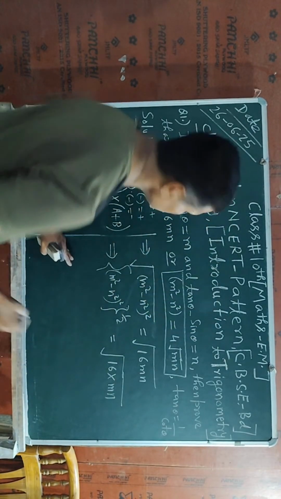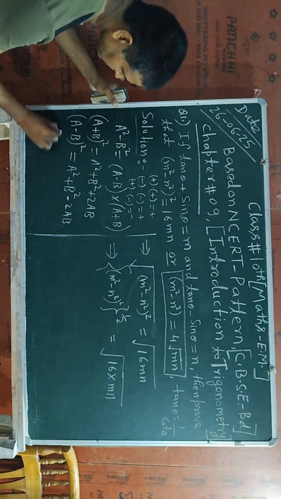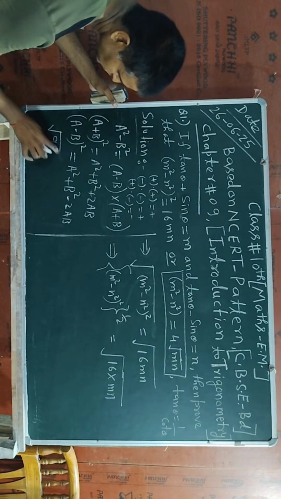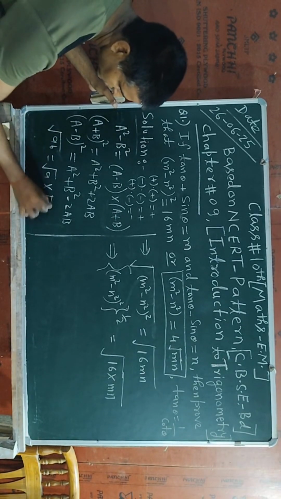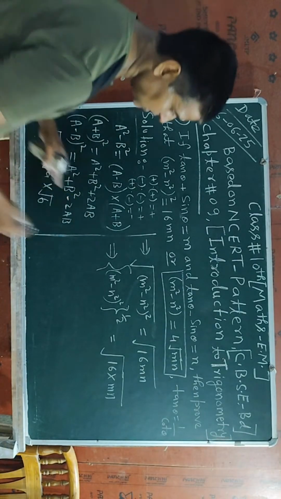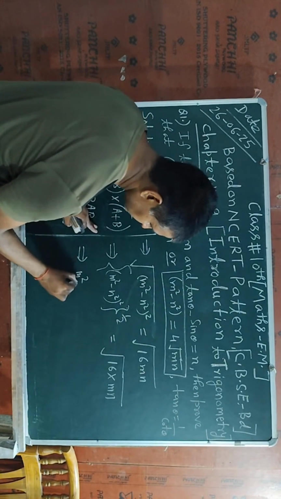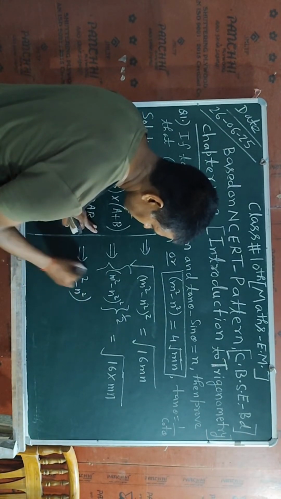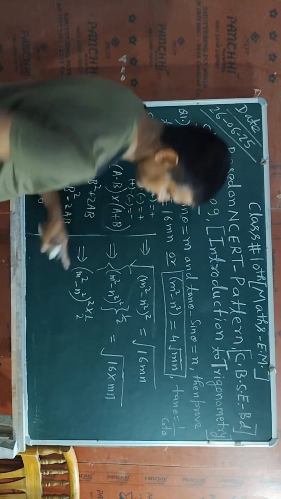So I will give that information here: if root AB is given, I can write root A into root B separately. So this information I will use here. Now here I can put (m² − n²)² to the power 1 by 2.